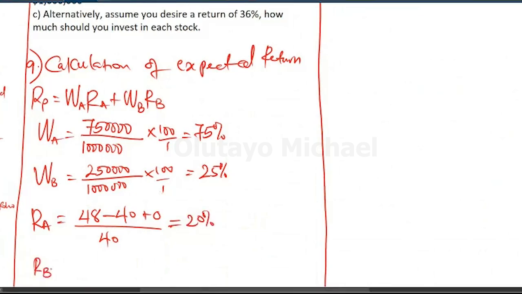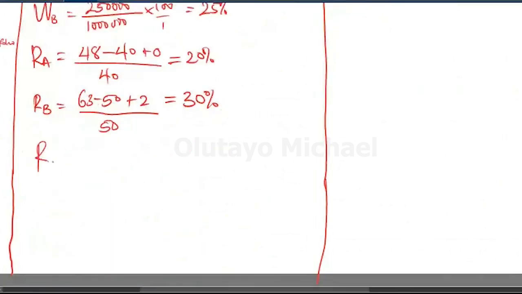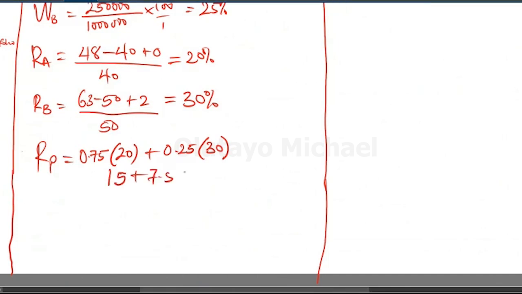Return of B is 63 minus 50 plus 2 divided by 50, so this is 30%. So the portfolio return will be 0.75 (which is 75%) times 20 plus 0.25 (25%) times 30, and that gives us 15 plus 7.5, which is 22.5%. So that is the return of the portfolio.